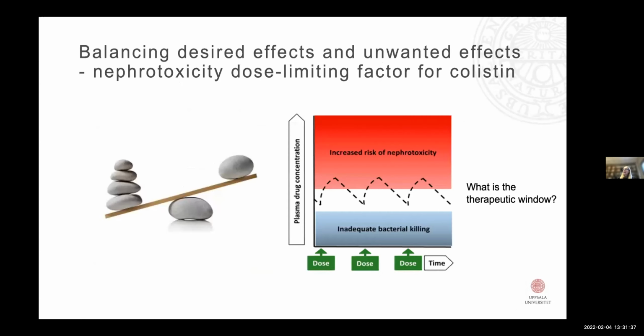But anyhow, we are very interested in the kidney function and so on, because that's what really is dose limiting for giving colistin. So we want to find this sort of sweet spot where we have a plasma concentration which is killing the bacteria but not causing toxicity to the kidneys.